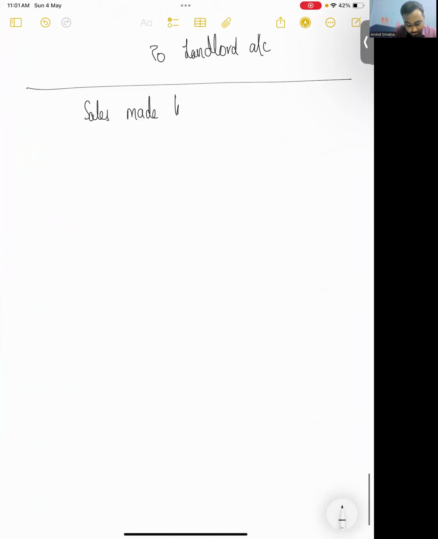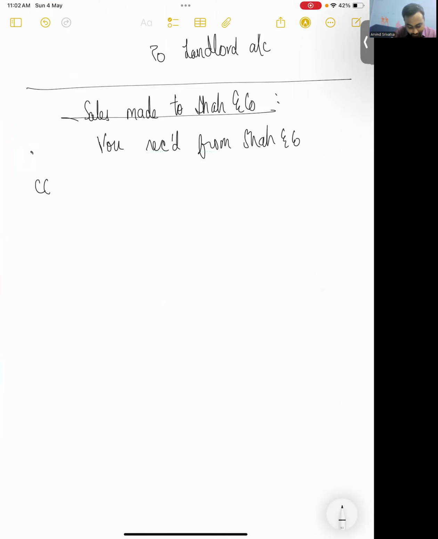Sales made to Shah and Co. So you received cash from Shah and Co. So what is the correct entry that should have been passed?